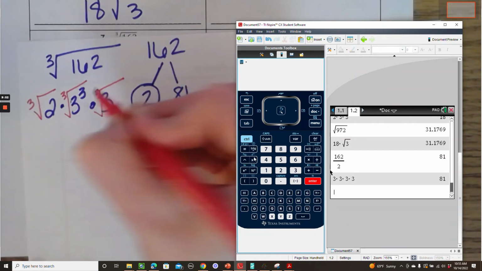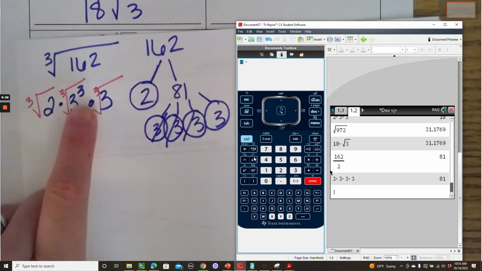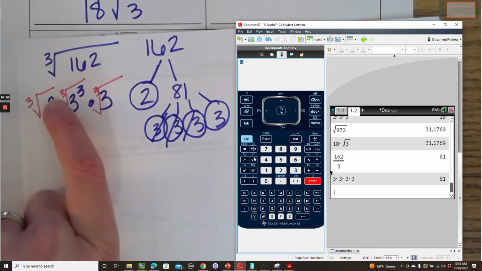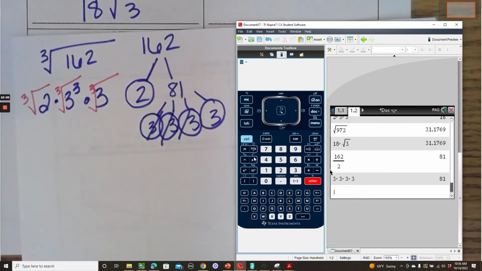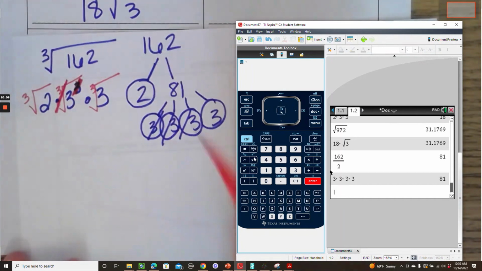Because a regular square root won't cancel the cube, or an exponent of 2 won't cancel a cube root. The index and the exponent have to match for us to get that canceling out. So this one here becomes just a regular old 3.